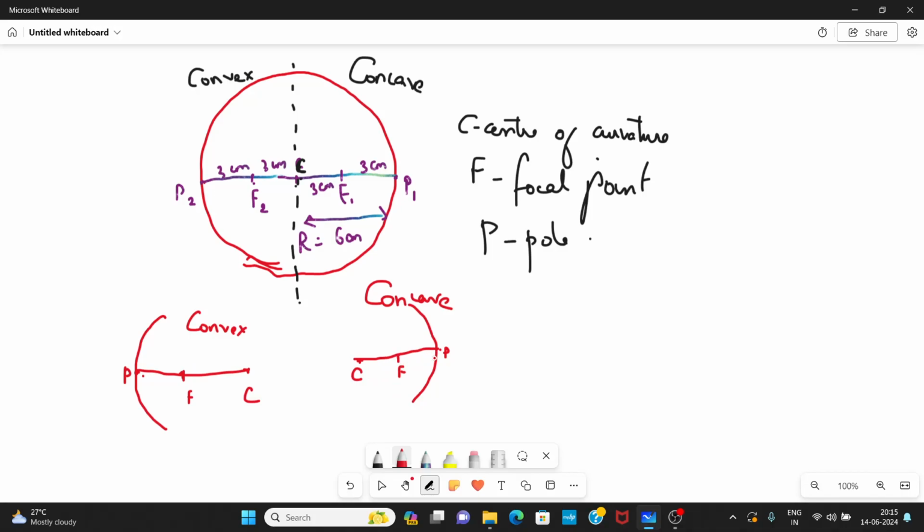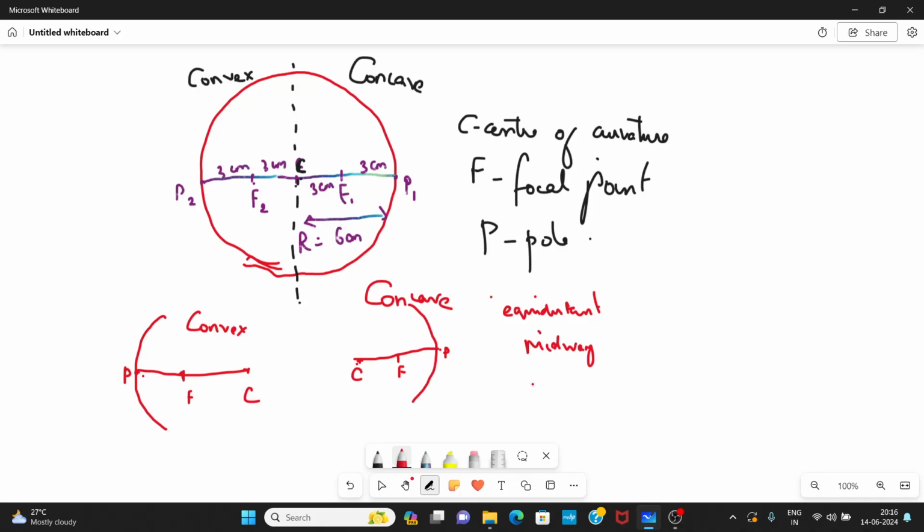Focus is at a point center to both the center of curvature and P in both concave and convex. Or in other words, if C was the radius of the circle connecting both concave and convex, F lies equidistant and midway from the pole.